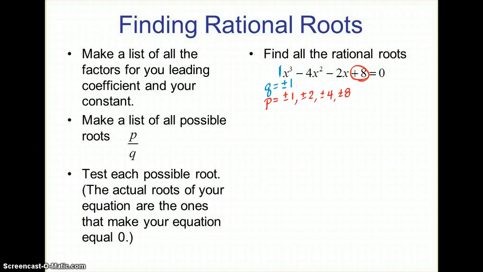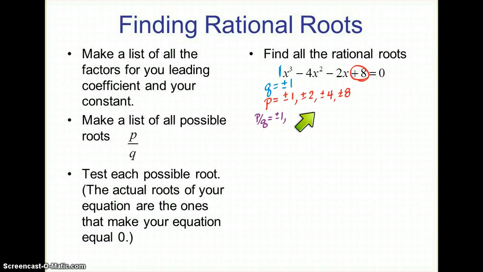And once I get those determined, I'm going to put those together and find all of my possible combinations of roots, which would be taking p divided by q. So I'm just going to go down my list, right? And this is a fairly easy list because the only thing I can use for q is 1. I will start by taking my first factor here, p, dividing it by the factors of q. 1 divided by 1 is just simply going to be 1.